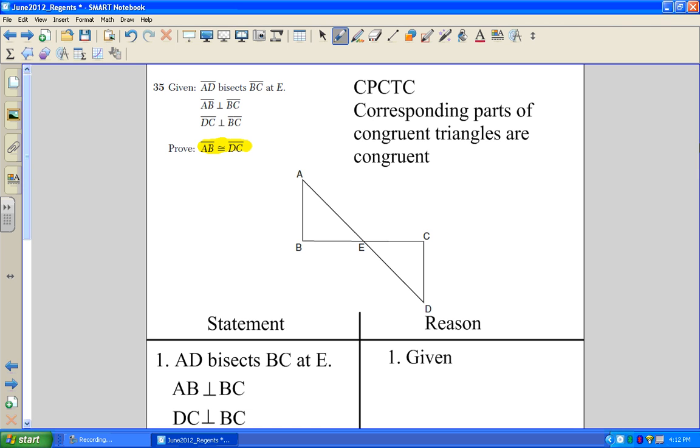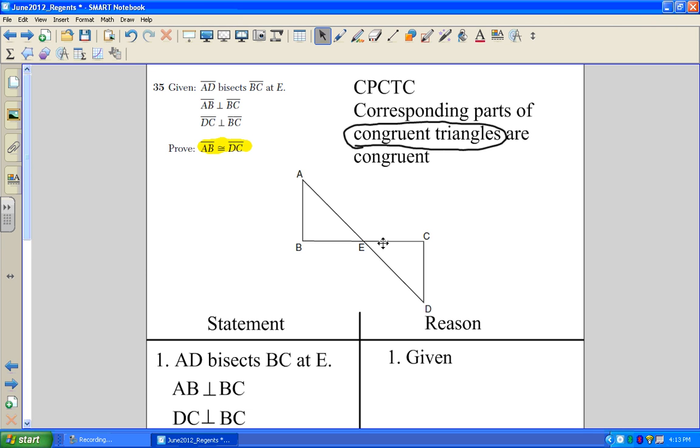So we know that we're going to be using CPCTC here. That's how we're going to prove AB is congruent to DC. But before we actually use CPCTC, we have to prove that the triangles are indeed congruent. So that's what we are going to do first.